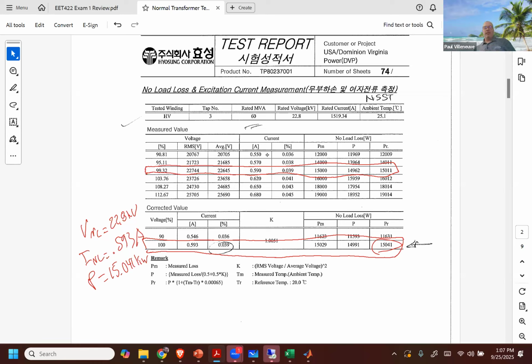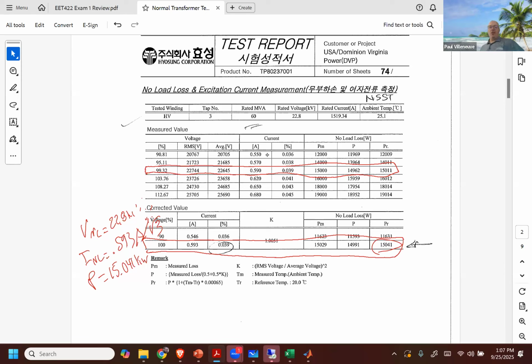I have enough information to do my parameters so that I can get R sub C and X sub M. But remember what we said, this is on the delta winding. So I had darn well better divide that by the square root of 3 to convert that to, sorry, wrong one. I have to divide this one by the square root of 3 to get the magnitude of the current.